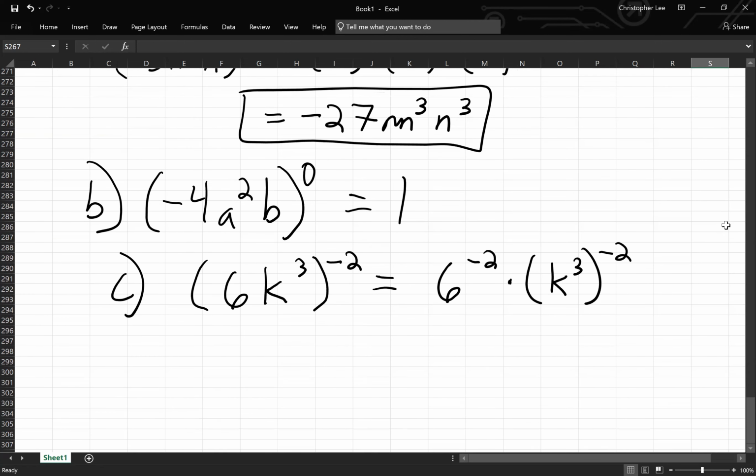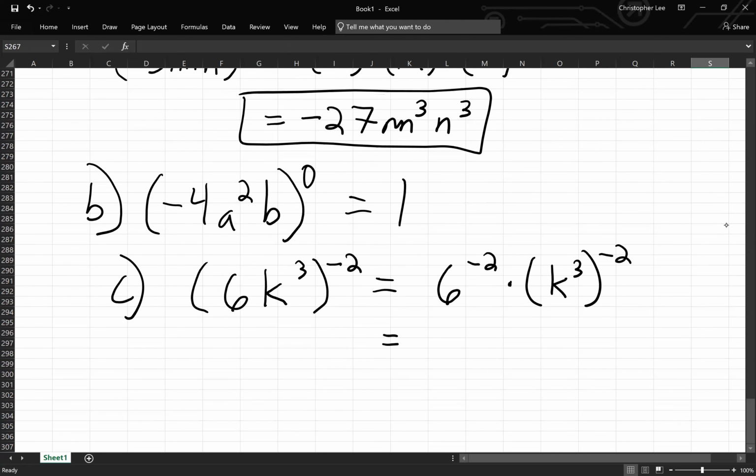Somebody help me out. What is 6 to the -2 power? What does that become? You're close though. What happens with negative exponents? 1/36, very good. Or 1/6 squared, which becomes 1/36.